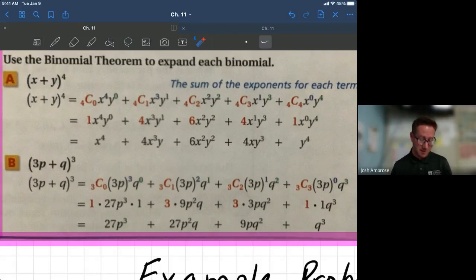So if you have a coefficient in the binomial, that will need to be in parentheses throughout the whole expression. And when you put something in parentheses, that means that exponent goes to both parts inside the parentheses. So you're going to be expanding it out, simplifying, and then condensing it down to your final answer. Again, this is all the work you need to show here.